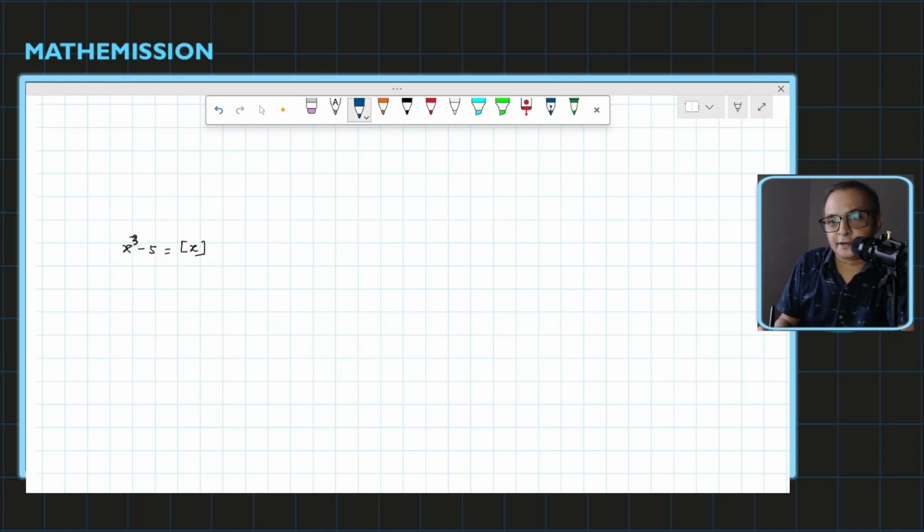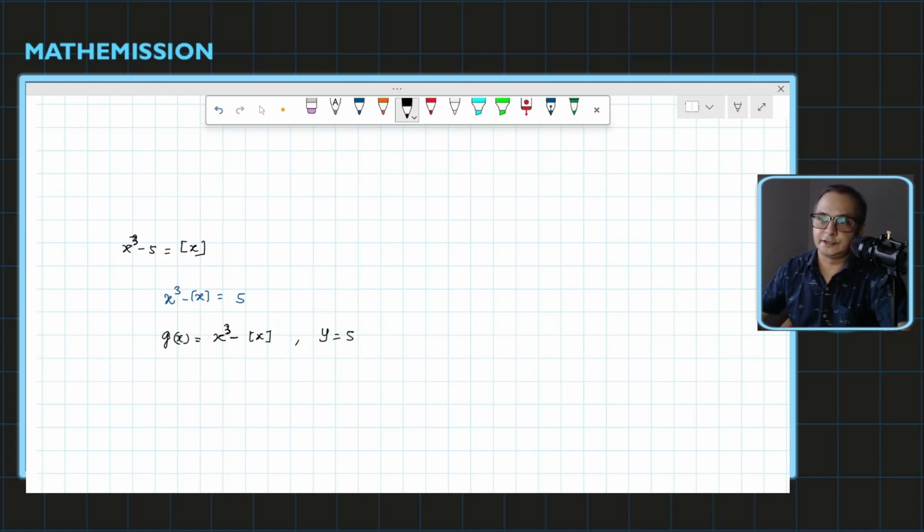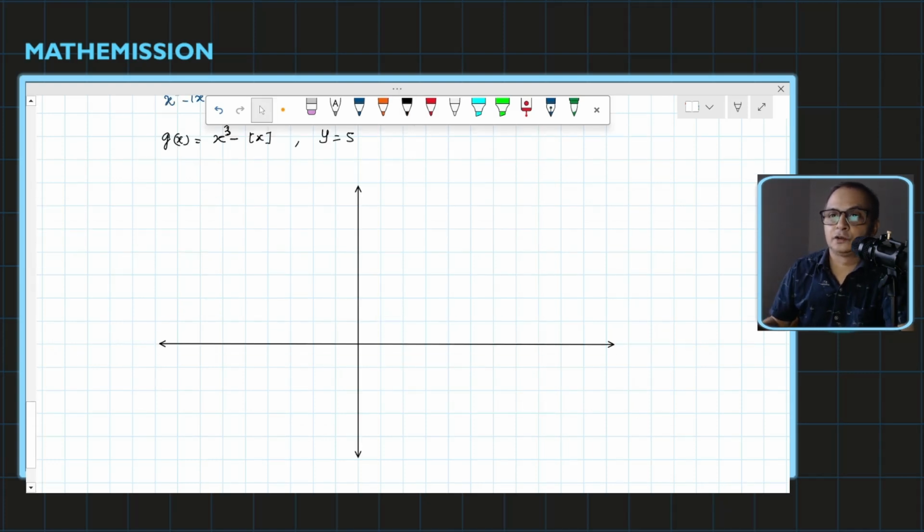What I'm saying is that in this situation, I'm just trying to write the graph of x cube minus [x], and we'll compare with 5. Now I'm thinking I have one graph that is g(x), x cube minus [x], and the other graph, the line y equals 5. I'm comparing these two.